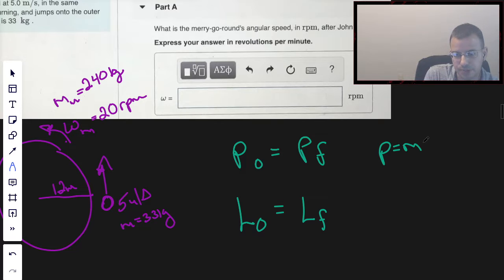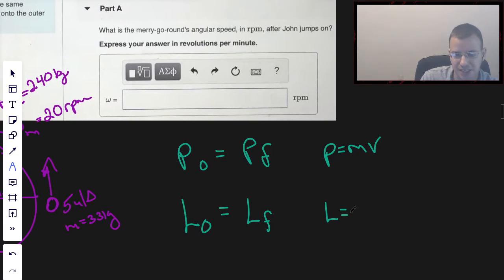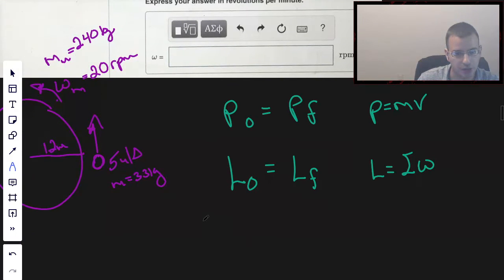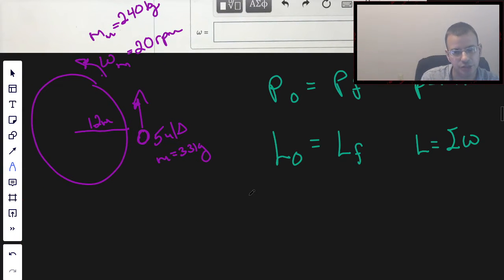Momentum equals mass times velocity, and the rotational analog, instead of mass, we use moment of inertia, and instead of velocity, angular speed. So we're going to have angular momentum of Mary plus angular momentum of John equals angular momentum of Mary and John together.